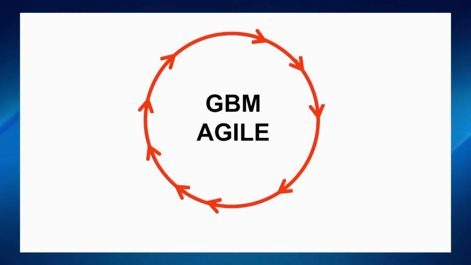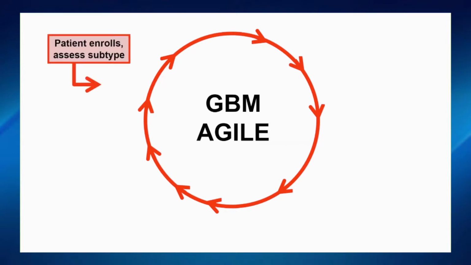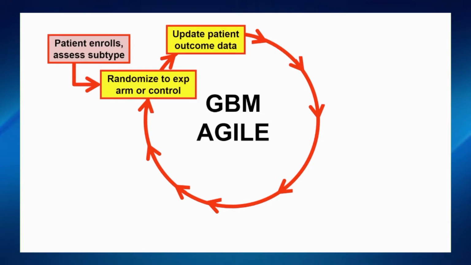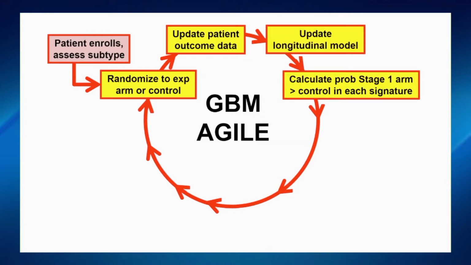So Brian showed you this wheel. I want to take you a little bit around the wheel. Patient enrolls, randomized. We update the patient outcome data. This is all happening continually. We update the longitudinal model. We calculate the probability that each arm is better than control in each signature.